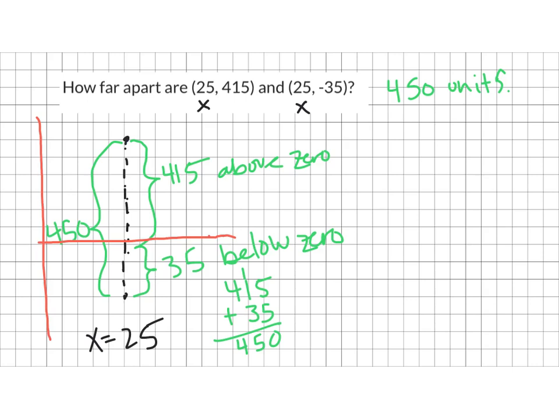This first point was in quadrant 1, and my second point was in quadrant 4. And if they'd both been in the same quadrant, then I couldn't add the points together because that wouldn't work. It would make the answer way bigger than it should be. So next we're going to look at what happens when you have 2 points that are in the same quadrant rather than 2 different quadrants.